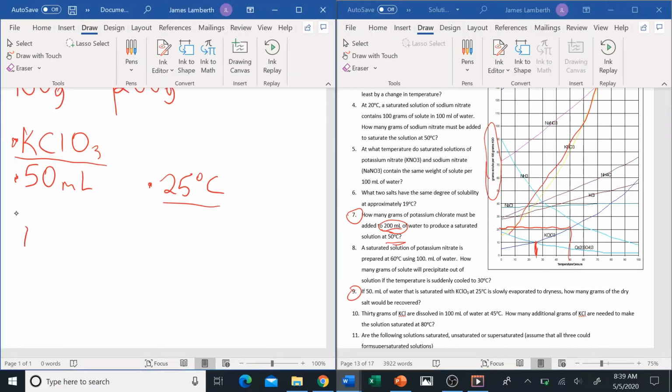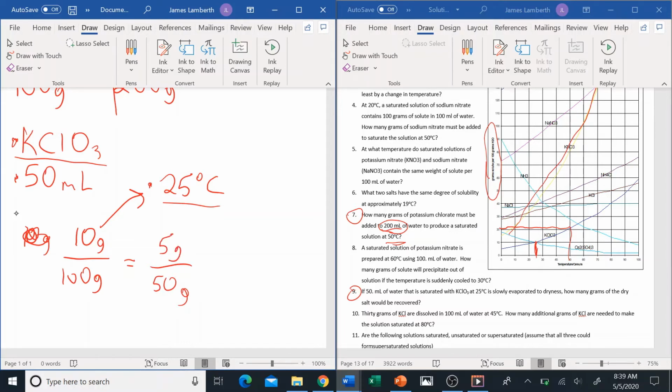So 10 grams, my gosh, that's terrible. 10 grams per 100 grams at 25 degrees Celsius. What about a 50? Again, simple proportion. Because 50 mils is 50 grams, it's only going to be 5 grams.